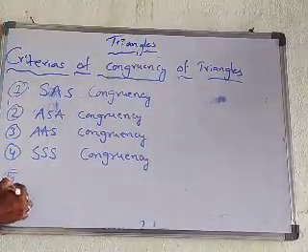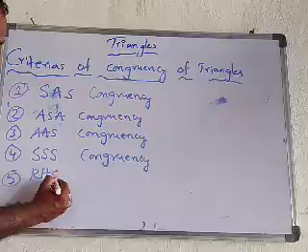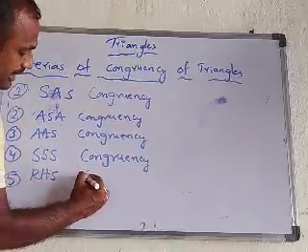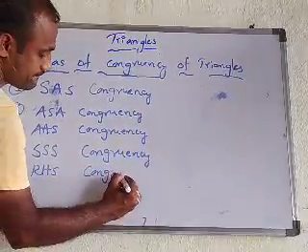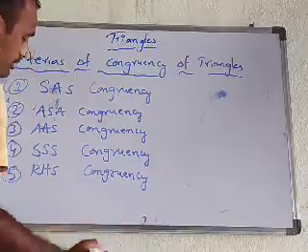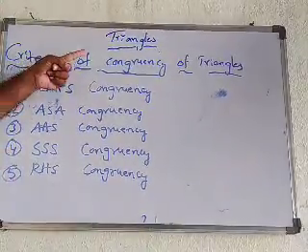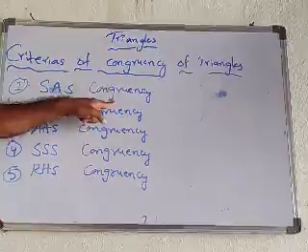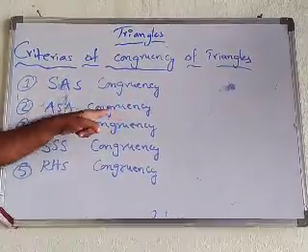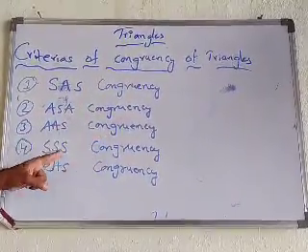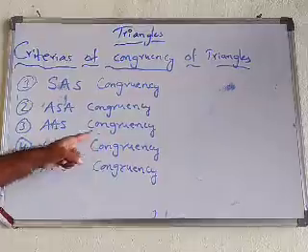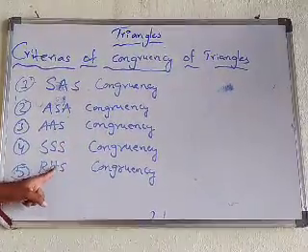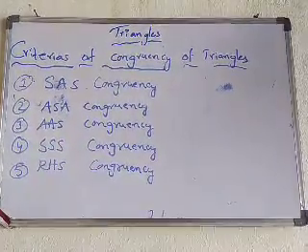And the fifth one is right angle, hypotenuse and side congruency criteria. So totally we are going to discuss in this chapter 5 types of congruency criteria.